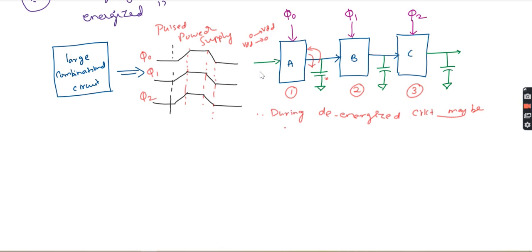But these waveforms should all have different pulse widths, because if I have the same pulse width, then at a time all circuits cannot operate. When I use a cascading structure, once one circuit is finished, it has to give its output to the next circuit. That has to be activated, then the next one has to be activated.